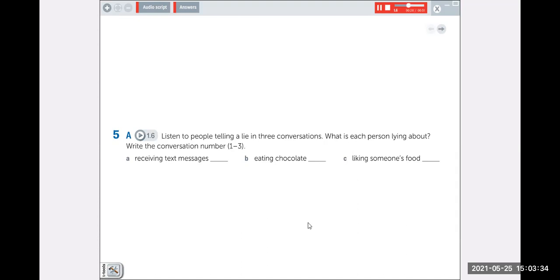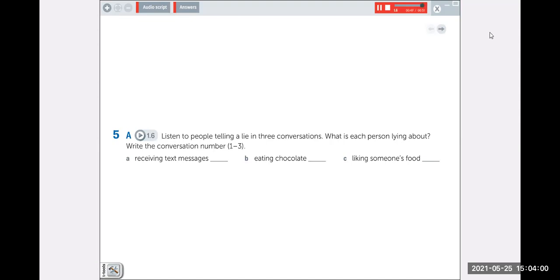I didn't get any messages. That's strange. My battery was dead. Conversation 3. Who wants more banana and potato sandwiches? No thanks. They're delicious, but I'm feeling a bit full.